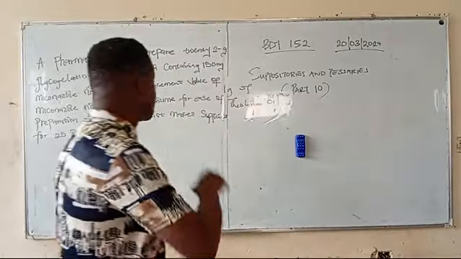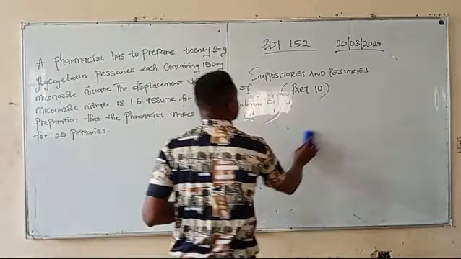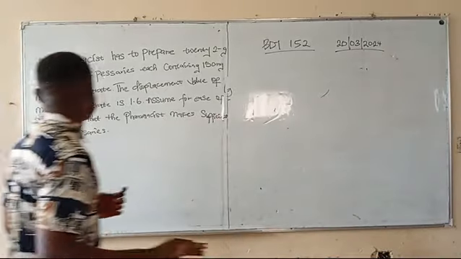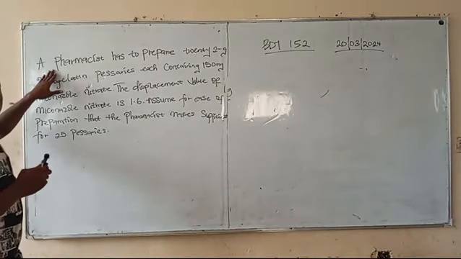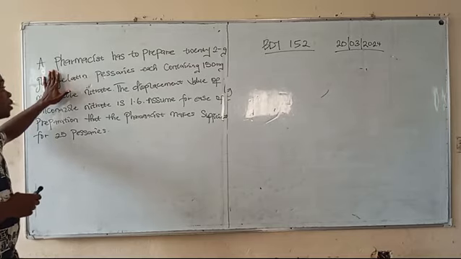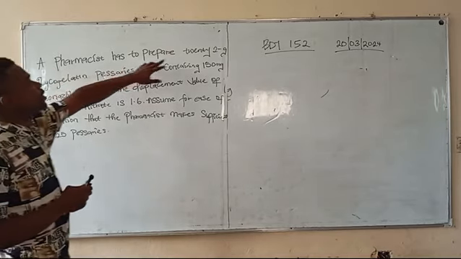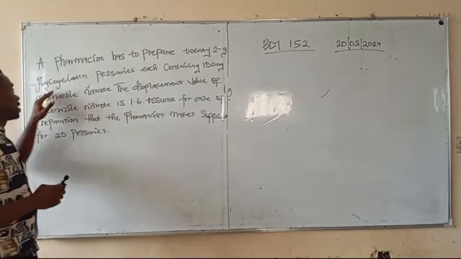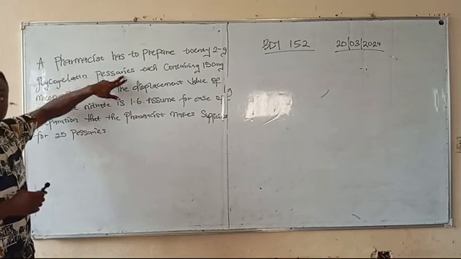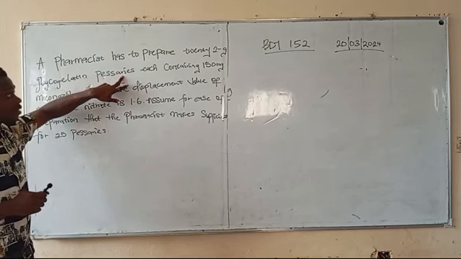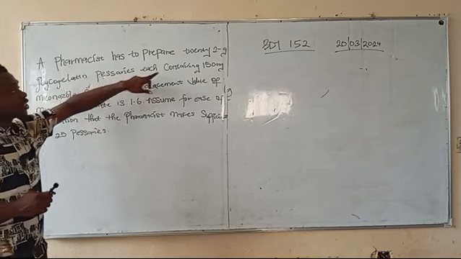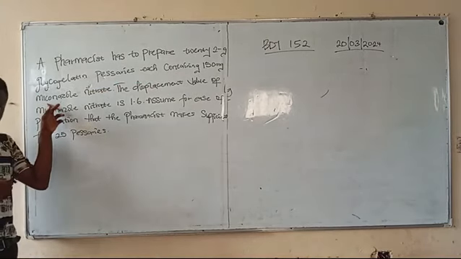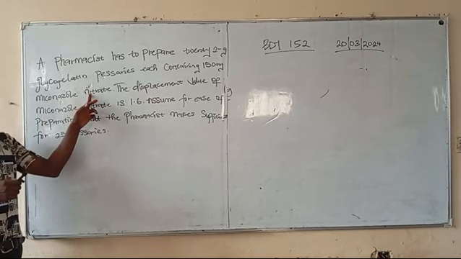Let's look at this question. Let's solve this question now. The question says, a pharmacist, are we together? Good. A pharmacist has to prepare 22 gram glycogelatin pessaries, each containing 150 milligram miconazole nitrate.